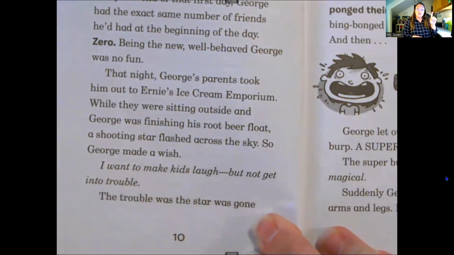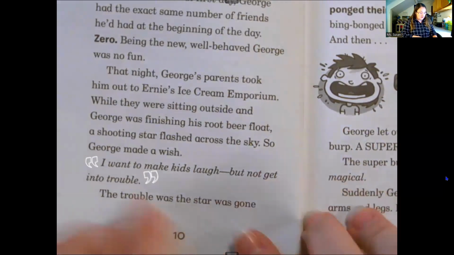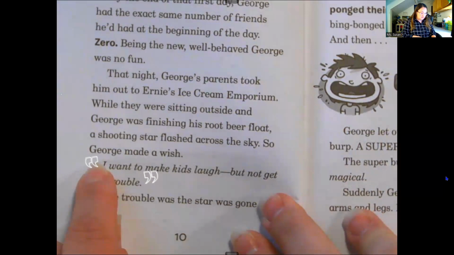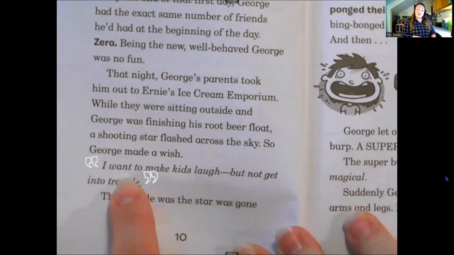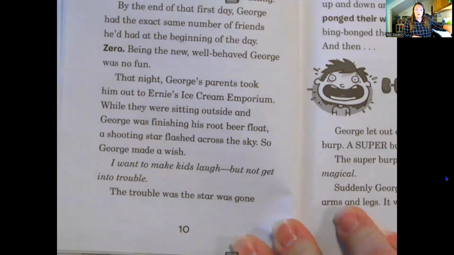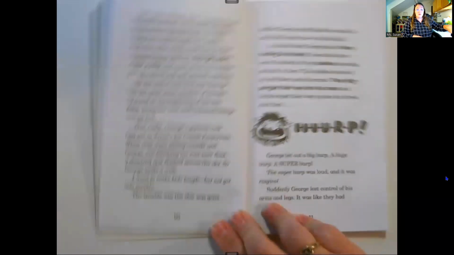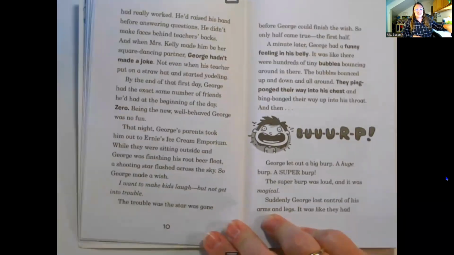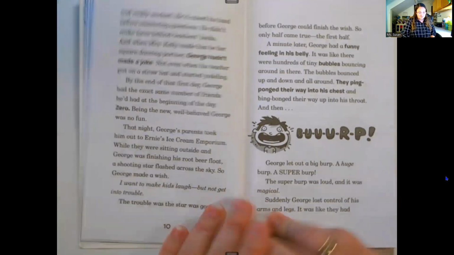He didn't say it out loud, because if it's something that's being said out loud, it has to have quotation marks on each side of what they're saying. So if we had two little marks here and two little marks here, then we would know, okay, George is saying that out loud. But there are no quotation marks. It's just italics. So George is thinking those words. So he says, I want to make kids laugh, but I don't want to get in trouble. Problem was he didn't get it out in time before the star went by.